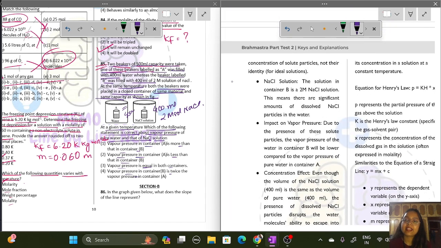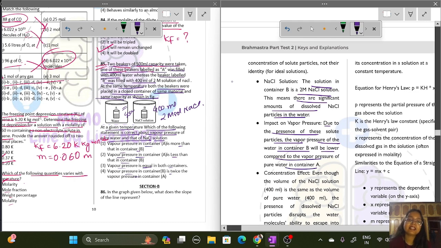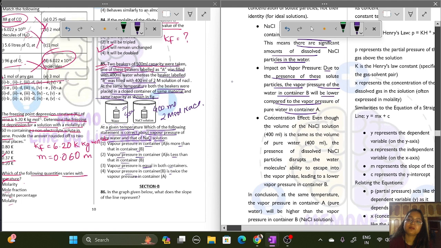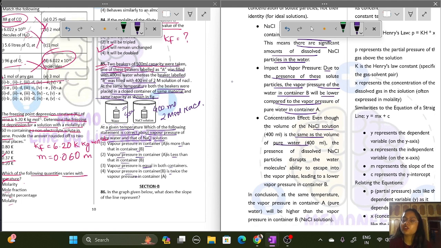Container B has 2 molar NaCl, which means there is a significant amount of dissolved NaCl in water. Due to the presence of these solute particles, the vapor pressure of water in container B will be lower compared to A. The volume is the same in both containers, but the dissolved NaCl hinders water molecules from escaping into the vapor phase.